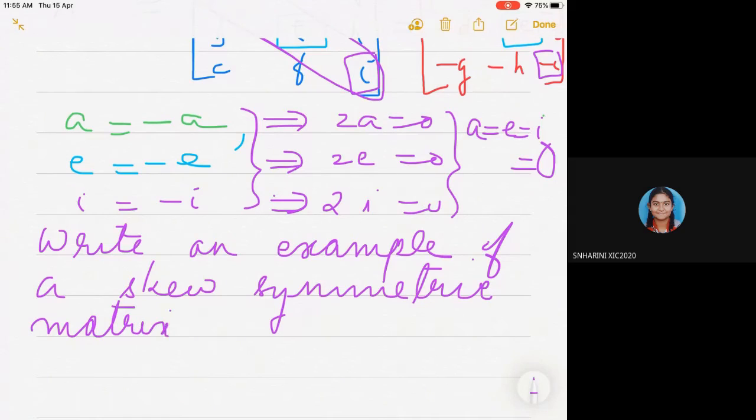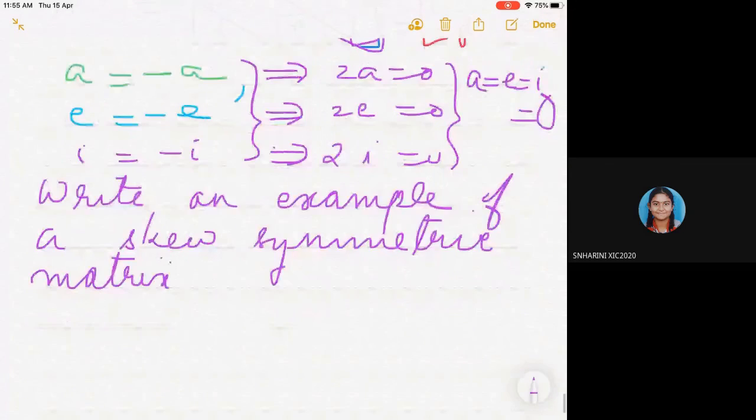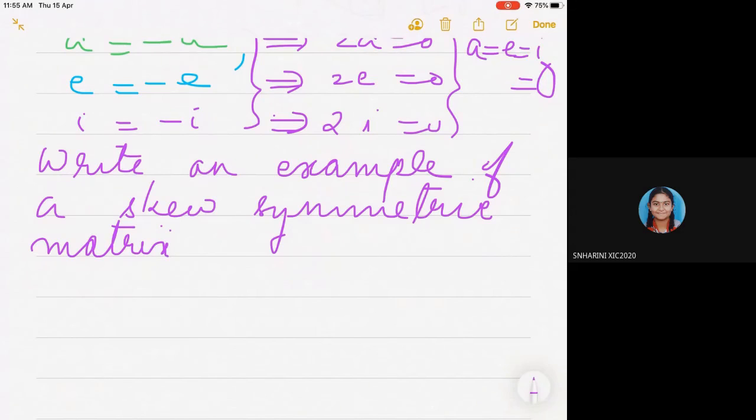You always remember two things: symmetric matrices and skew symmetric matrices are always square matrices. And for a skew symmetric matrix, the diagonal elements will be 0. So first I'm considering a square matrix of order 3. I put 0 here. Here any number I can put, here also any number I can put.